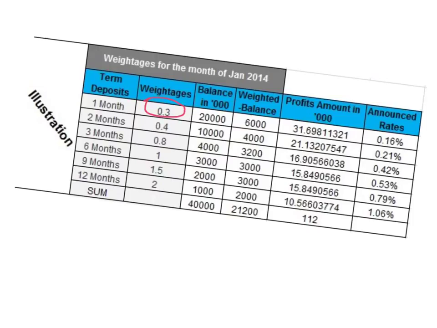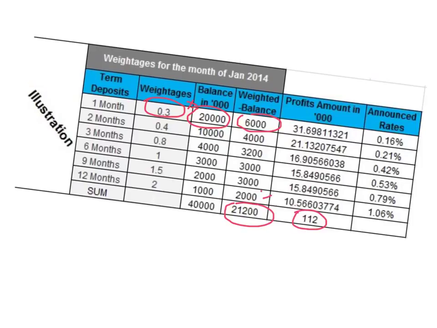For example, the profit rate for 1 month deposit class shall be calculated by dividing the weighted balance of 6 million by the aggregate weighted balance of 21.2 million and multiplying by $112,000.